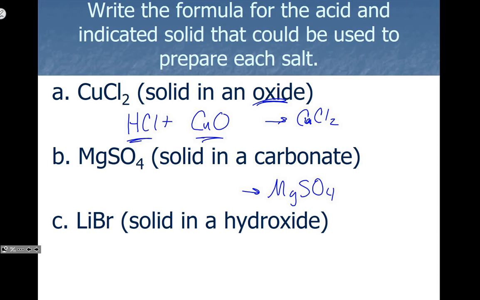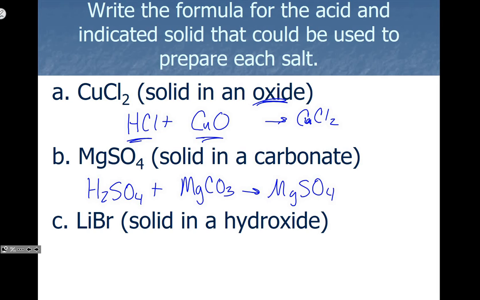Okay, so on this next one, we got magnesium sulfate. What acid am I going to put with it? H2SO4, yep. Sulfuric acid. Plus, what carbonate am I going to use? MgCO3, right? It is not balanced, but I can write down how it's going to be made. If I were to finish this one, what would be the products?